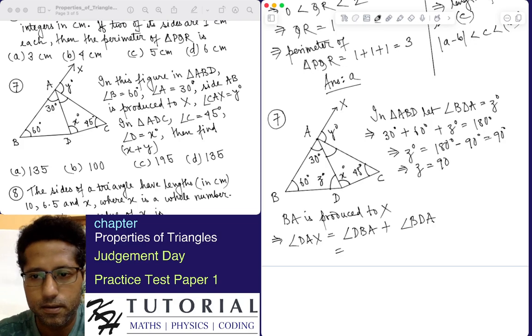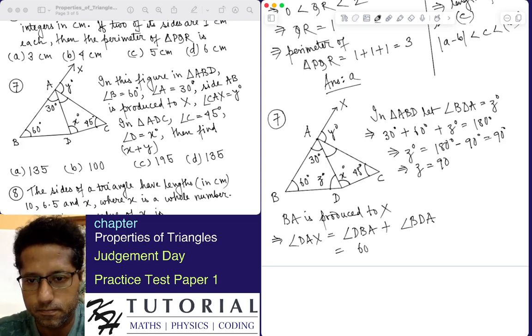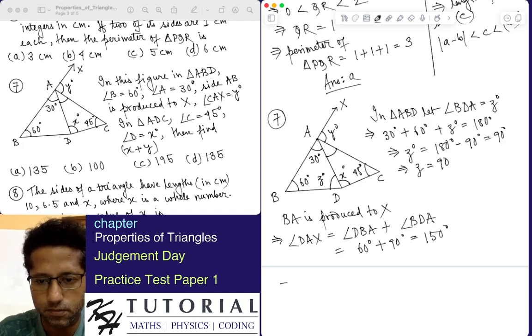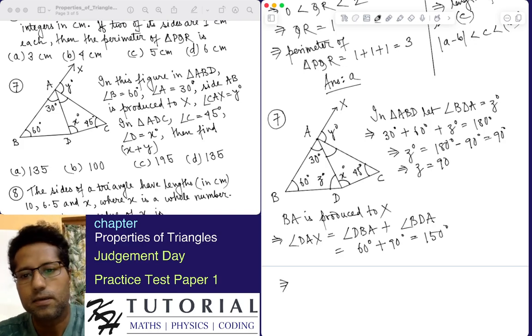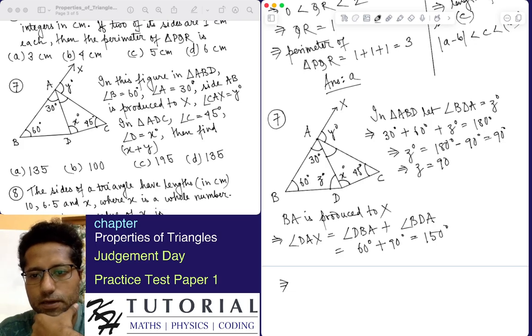DBA is 60 degree, and BDA is Z, which we found to be 90 degree. So this is 150 degree. This implies that DAX is 150 degree.